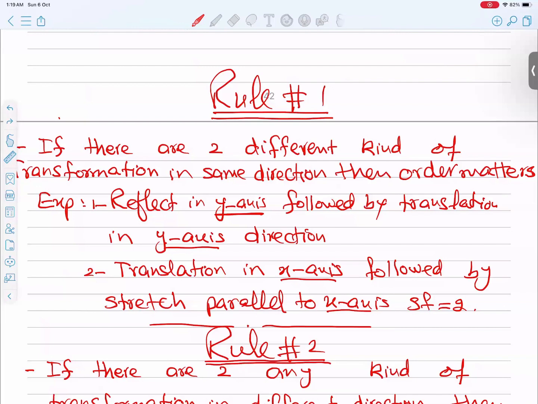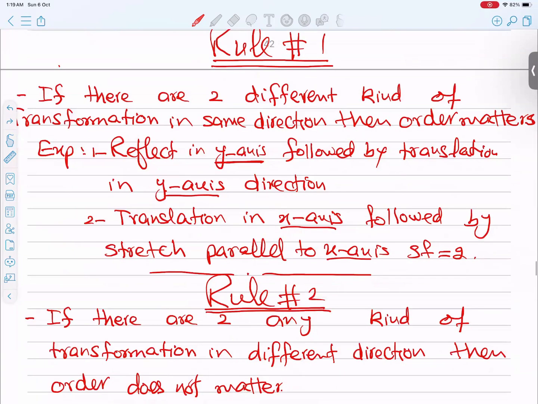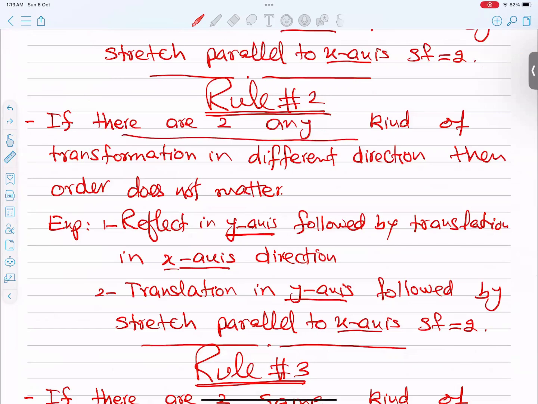So if there are two different kinds of transformation in the same direction, then order matters. But you see here, if I take any two kinds of transformation in different directions, then order does not matter. For example, we have done a reflection in the y-axis. Y-axis means going up. Okay, and followed by a translation in the x-axis.